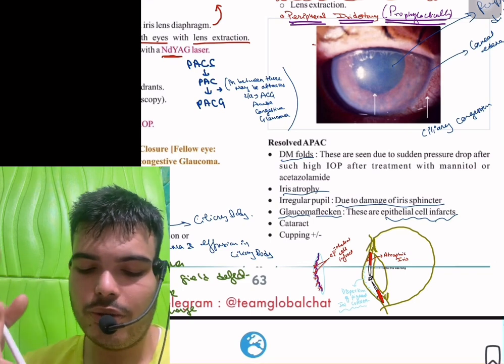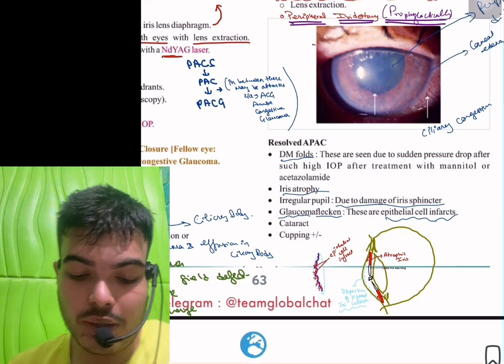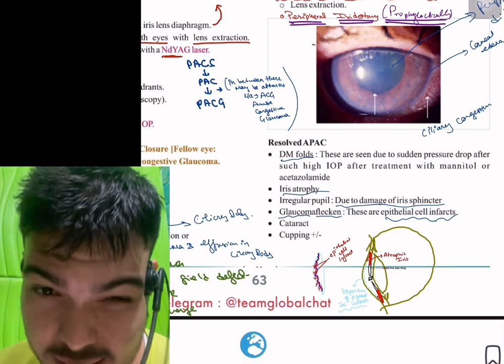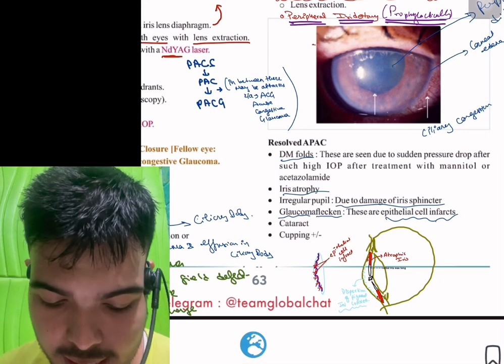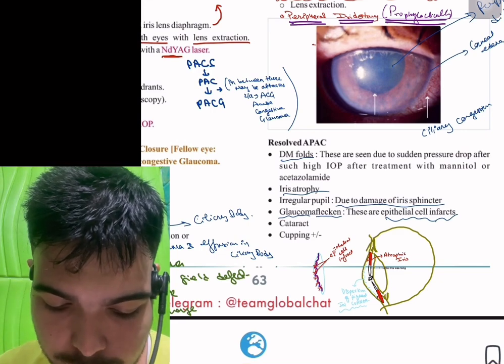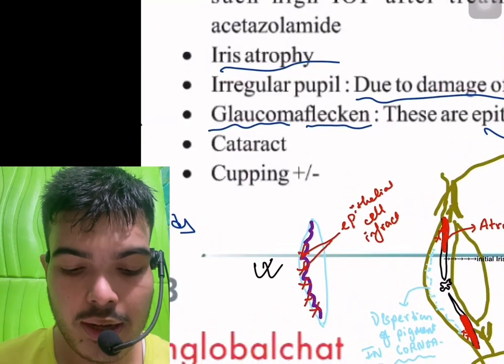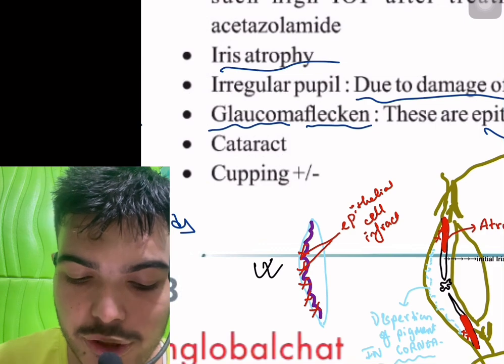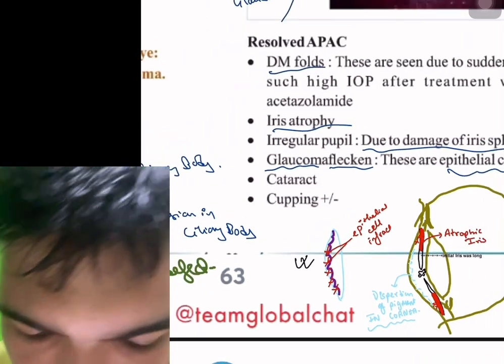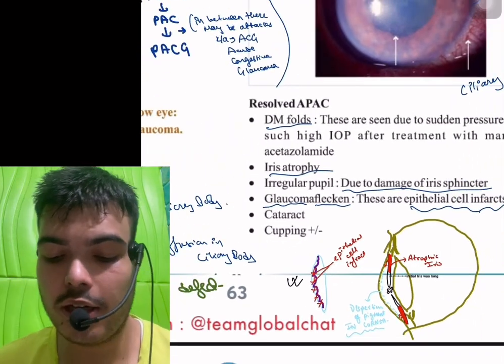These are actually atrophied. So that is known as glaucoma flecken. The epithelial cell infarcts. Okay, and there will be iris atrophy, Descemet's membrane folds, and excessive stromal edema.